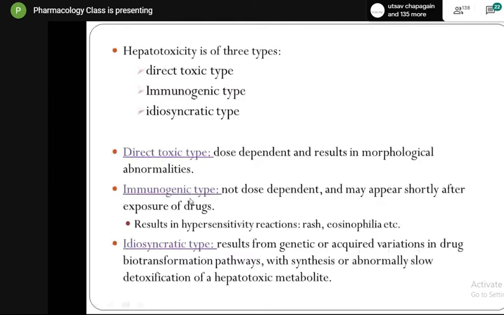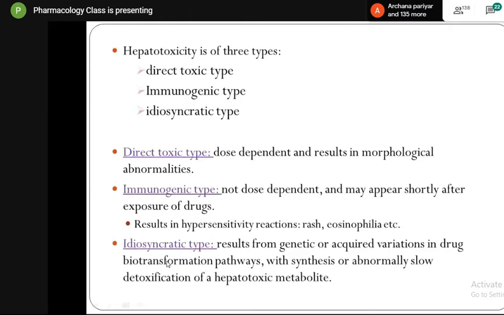In contrast to the direct toxic type, this is not related to the dose. So these are type B adverse drug reactions to the liver. They are not dose dependent and may appear shortly after even a brief exposure to the drugs. This results in hypersensitivity reactions like rashes and eosinophilia.